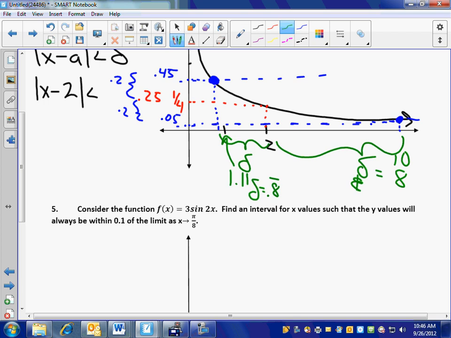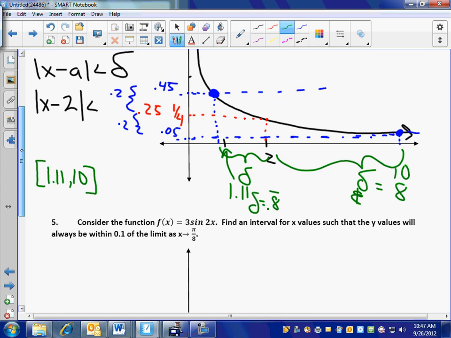We know that the interval from 1.11 comma 10 will give us outputs. But we have to choose an appropriate delta value. So back up here, what delta value? We got to choose the larger one, 8. So as long as you're within 8 units of the number 2, your outputs will be within, or no, I'm sorry.